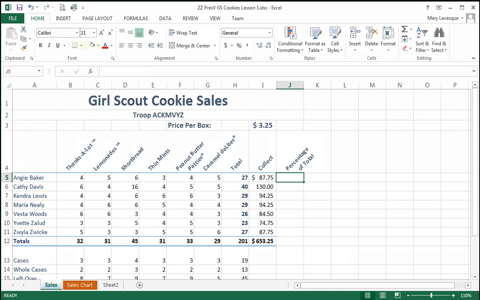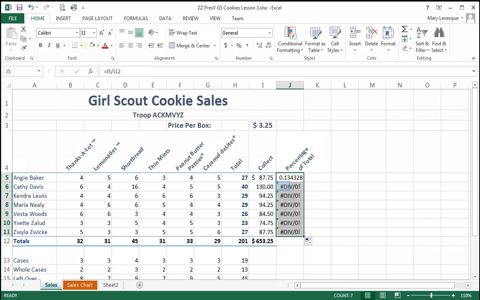Okay, how do you find the percentage of the total? Equals that one divided by down, down, down, down, down, down, down. Is that red hinting something to you? 13%. What's going to happen if I copy down?